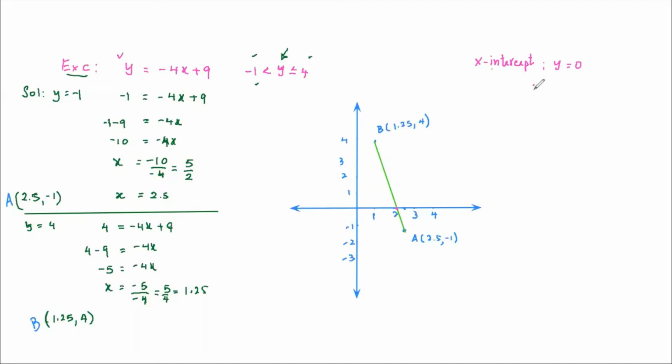So this becomes 0 equal to -4x plus 9. Move plus 9 to the other side, becomes -9 equal to this. Then you need only 1x, so divide by -4 for both sides. -9 over -4, so negative becomes plus. So you have 9 over 4, equal to 2.25, correct? We have 2.25.